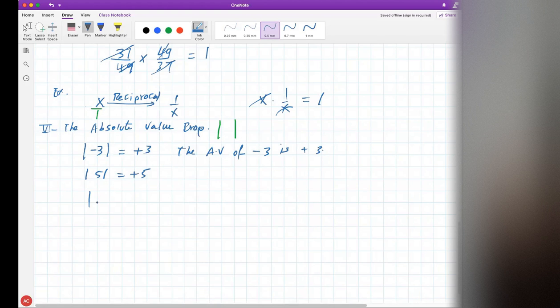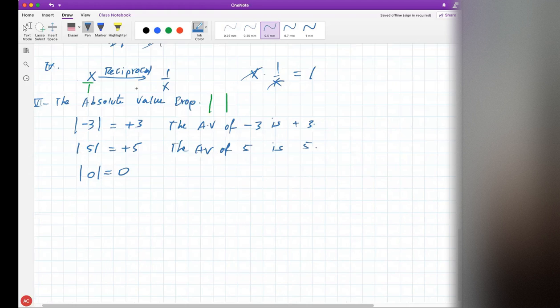Sometimes it could be 0 inside. 0 doesn't have a sign, it's neutral, so it stays the same. It doesn't turn positive or negative, it just stays like that. So the absolute value of -3 is +3. Here you may say the absolute value of 5 is itself, basically it's 5. Okay, so that's important about the absolute value. The outcome is always positive or 0, but can never be negative.